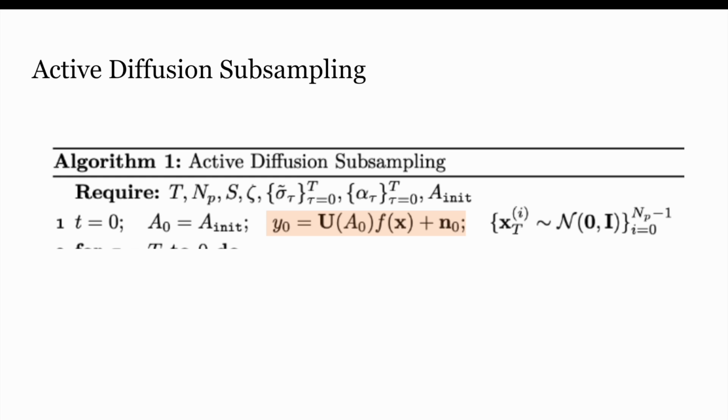In the MRI machine, this means actually making the acquisition. That's denoted by X, the target signal, rather than X with a superscript, which we use to refer to our posterior sample particles that we're denoising. And then finally, we introduce this set of particles, which start off as random Gaussian noise images.